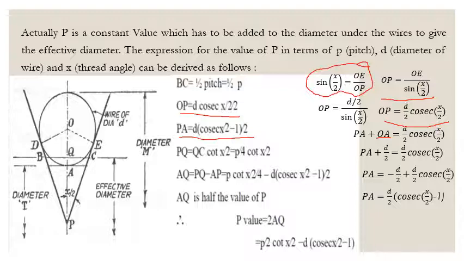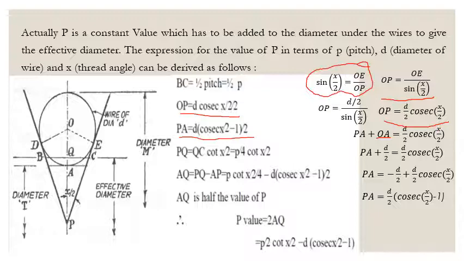So AQ is equal to PQ minus PA. What is PQ? PQ is equal to P by 4 of cot of x by 2 minus, what is PA? d by 2 of cosecant of x by 2 minus 1.